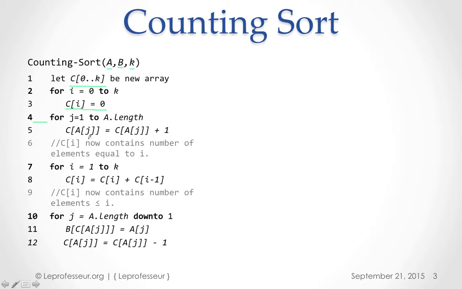So what it does is that after executing steps number 4 and 5, your array C will have the number of elements equal to i. So how many elements in your actual array A are equal to i?